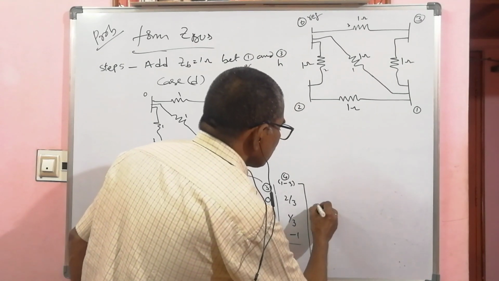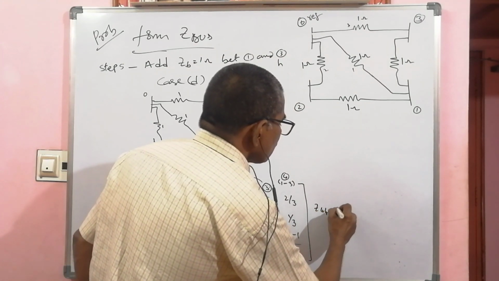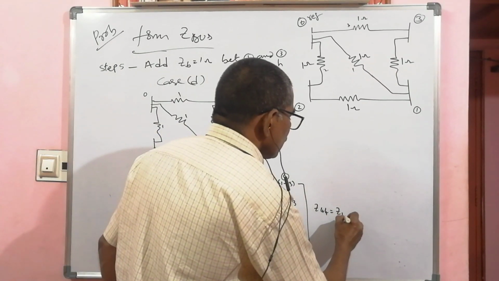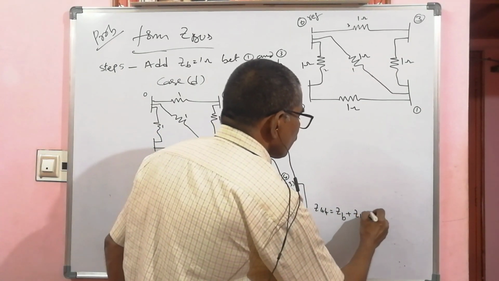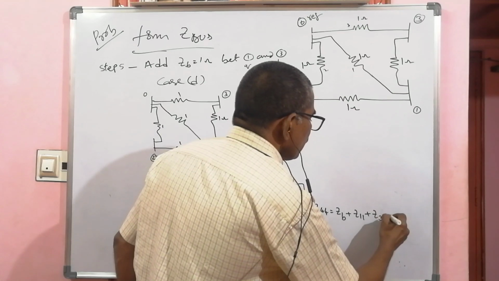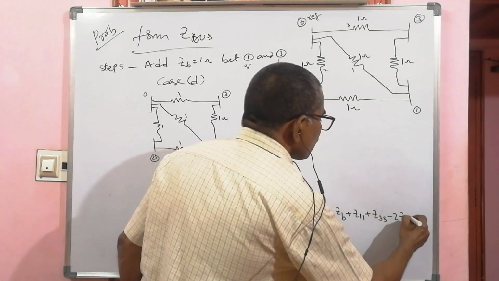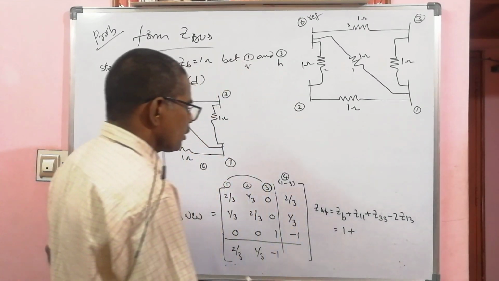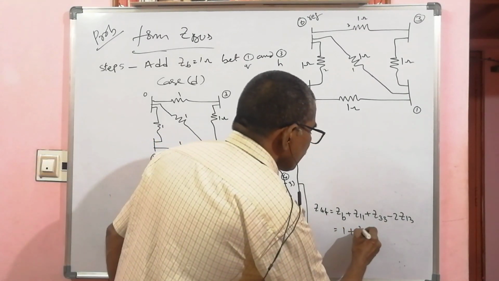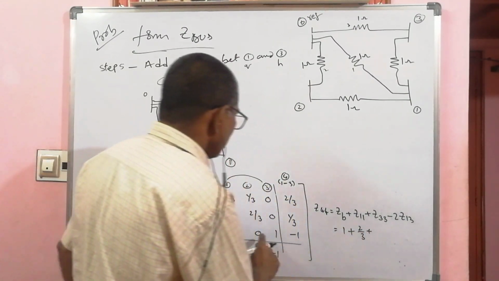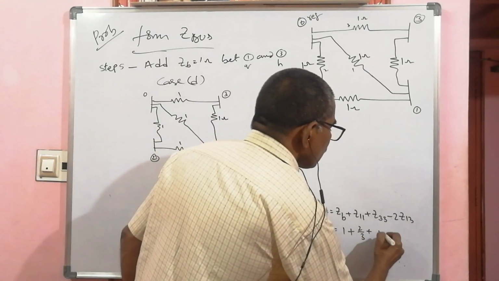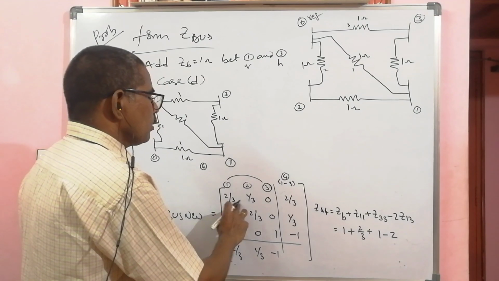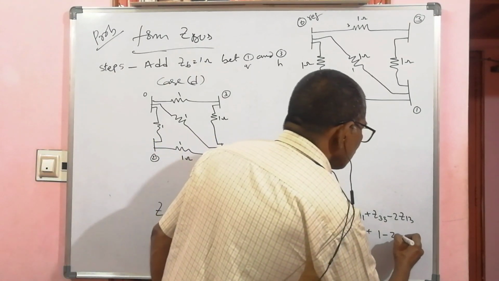That is Z44. Okay, so that Z44 is, you are adding between 1 and 3. So ZB plus Z11 plus Z33 minus 2Z13. ZB is 1, Z11 is 2 by 3, Z33 is 1, minus 2 Z13 is 0.